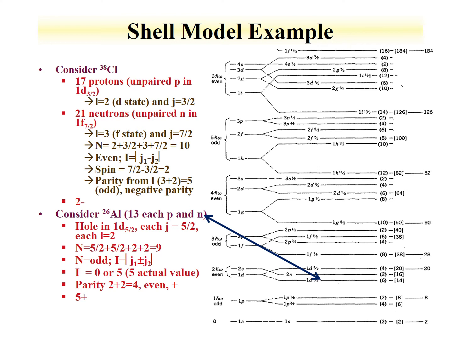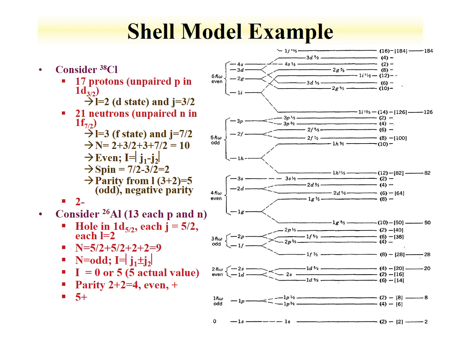So the spin is going to be the absolute value of the sum or the difference of the spin values. Each spin value is 5/2. So 5/2 plus 5/2 is 5. 5/2 minus 5/2 is 0.